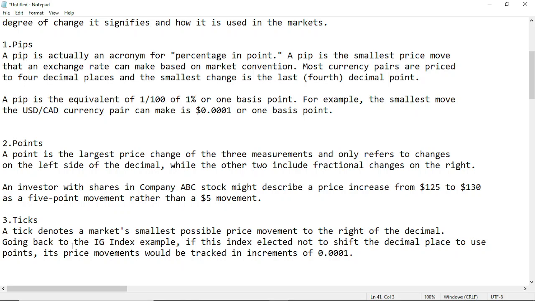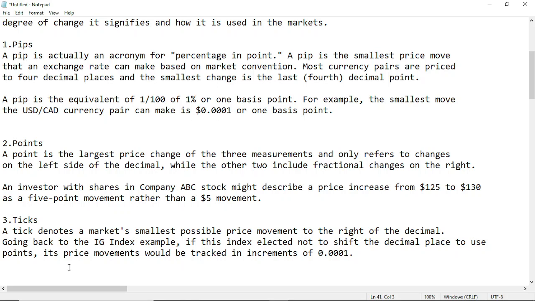Going back to the IG index example, if this index elected not to shift the decimal place to use points, its price movement would be tracked in increments of 0.001, which is similar to the example they made there, of the USD CAD currency pair. The smallest move the USD CAD currency pair can make is 0.001.